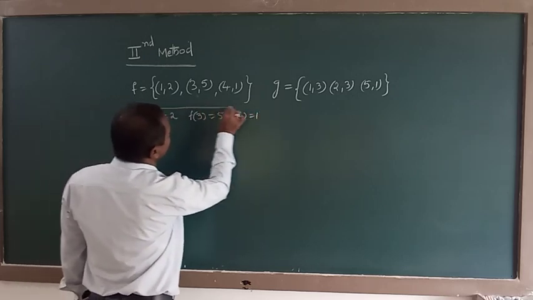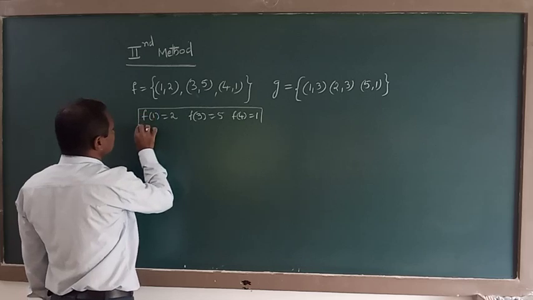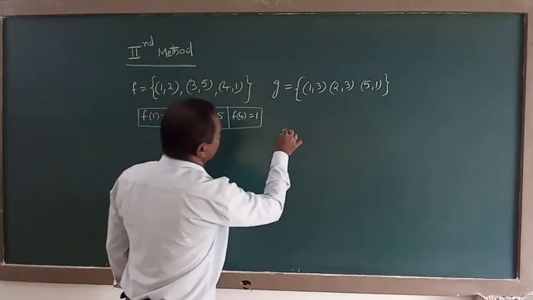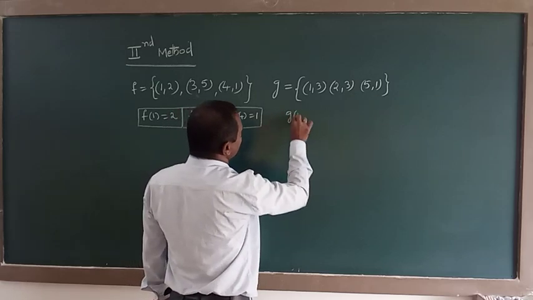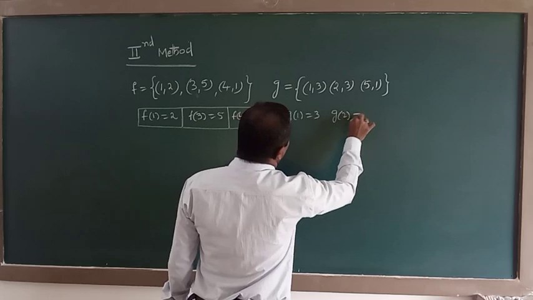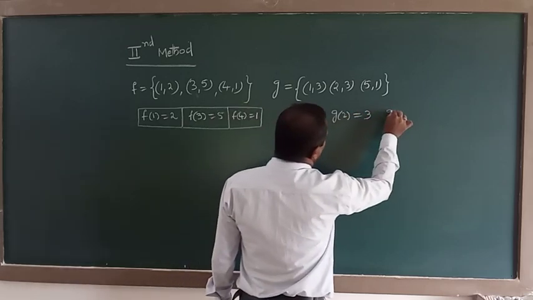And g of 1 is equal to 3, g of 2 is equal to 3, g of 5 is equal to 1.